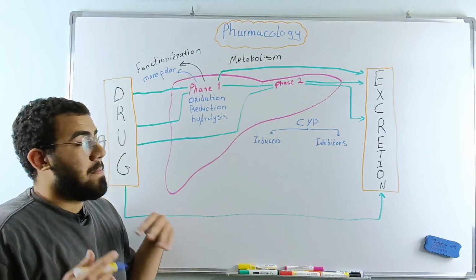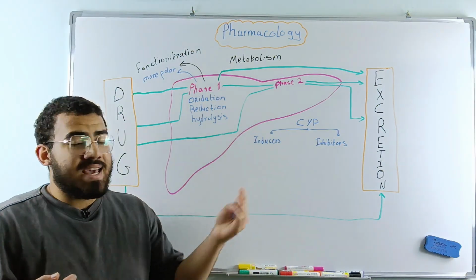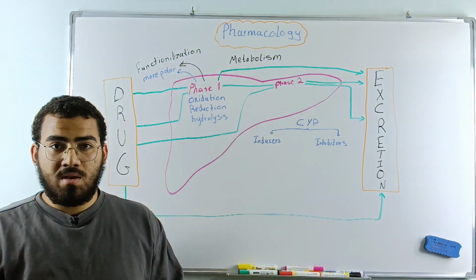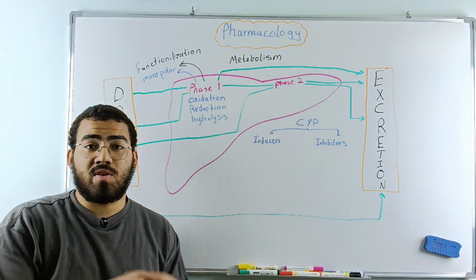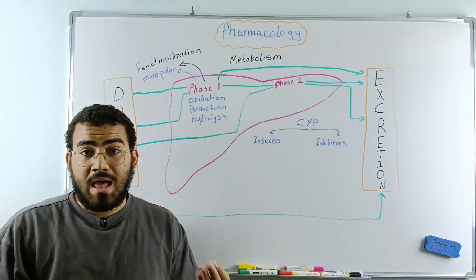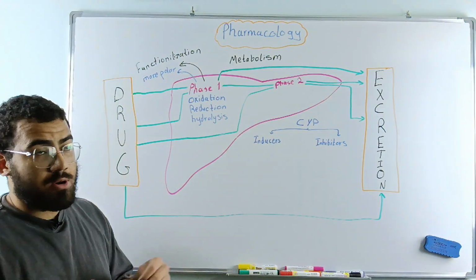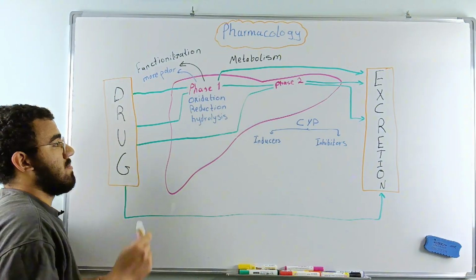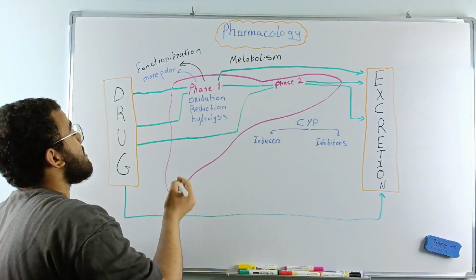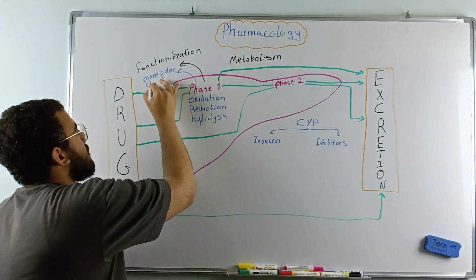It's about making the drug more polar to be easily excreted through the urine, because urine is not lipophilic, urine is hydrophilic. Substances that will dissolve easily in the urine to get excreted outside your body will be polar, more polar, not lipophilic. So they are basically hydrophilic. So that's what you need to do in metabolism. To get drugs to be easily excreted, you need to make them more polar, which means more hydrophilic.